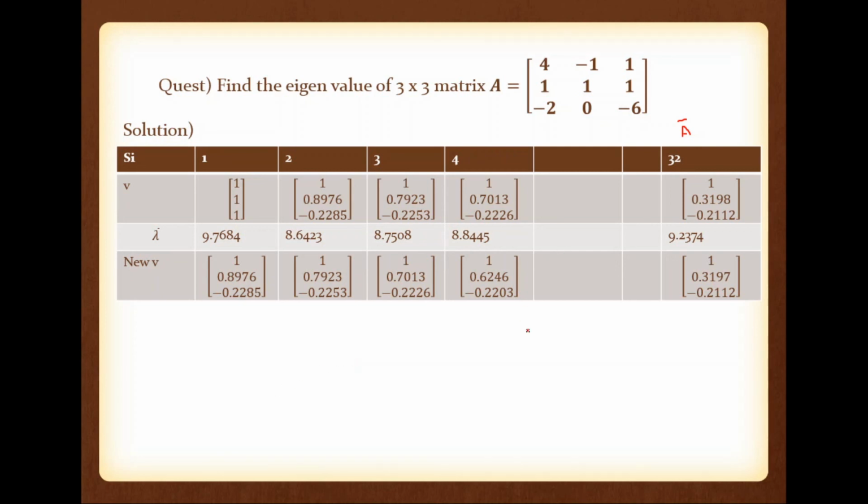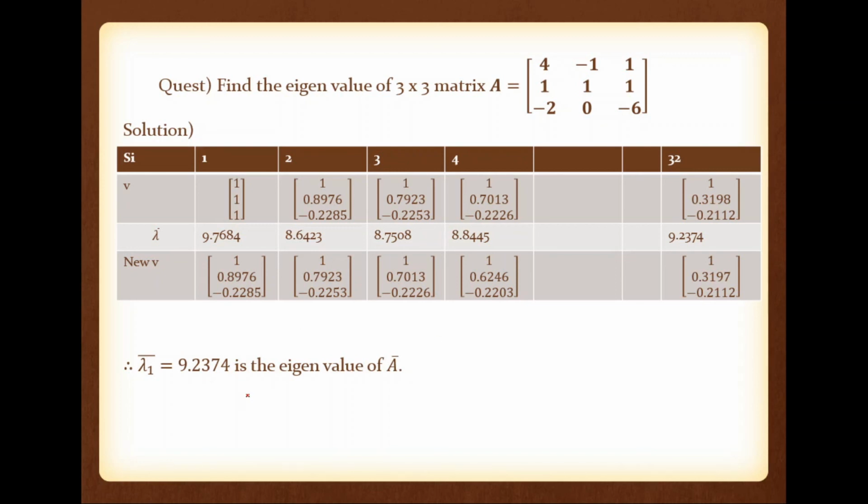As this first element is 1, this is definitely the first eigenvalue. So lambda 1 bar is the largest eigenvalue of A bar, and that is 9.2374. And what is lambda 1 bar?